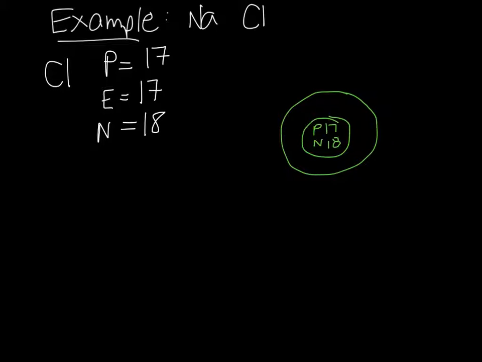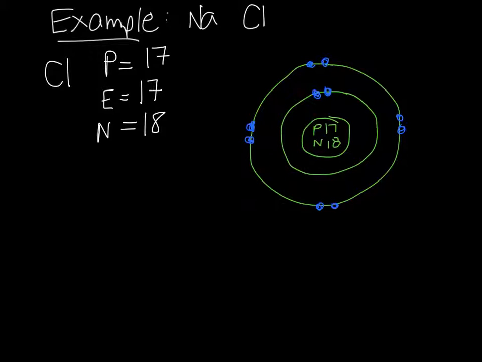First ring, first shell, holds 2. Second ring or second shell, holds 8. Count them and see. How many do we have so far? 2, 4, 6, 8, 10.